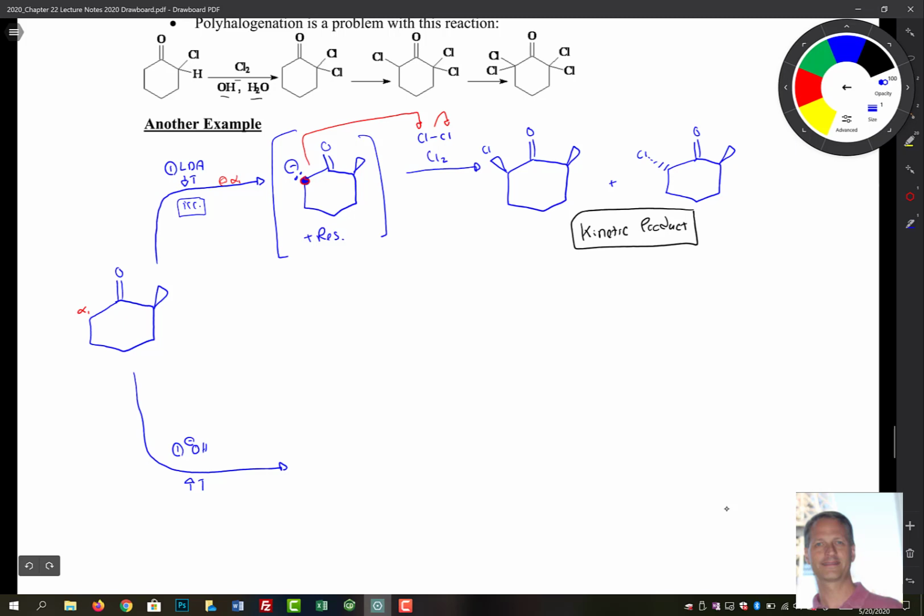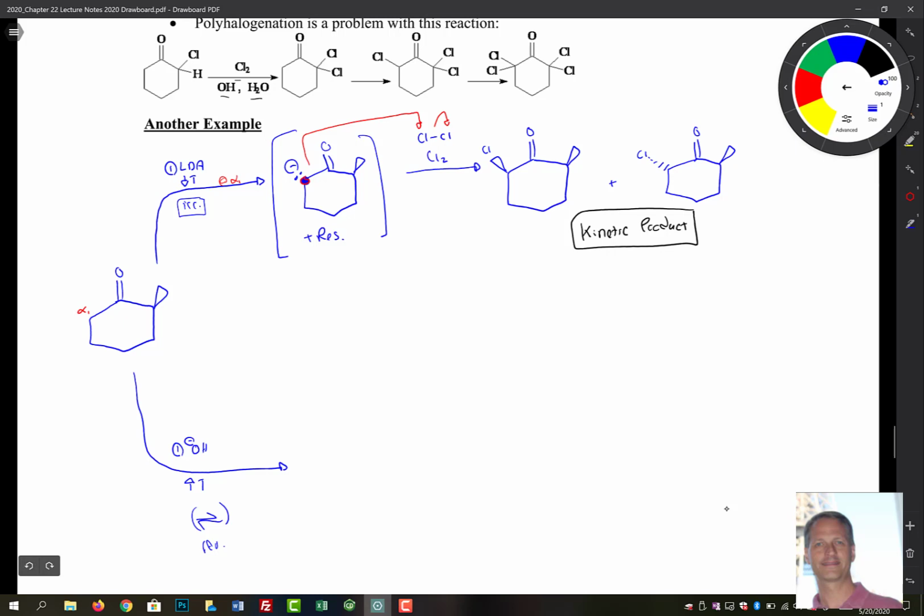All right, so with hydroxide, high temperature, those are reversible conditions, right? So what happens is, remember we go through that whole pathway where we form the kinetic, then we come back and we form our original keto form, and then we form the thermodynamic enolate.